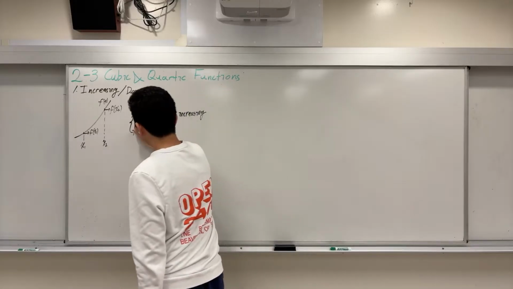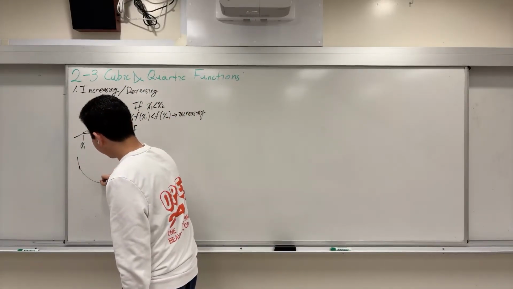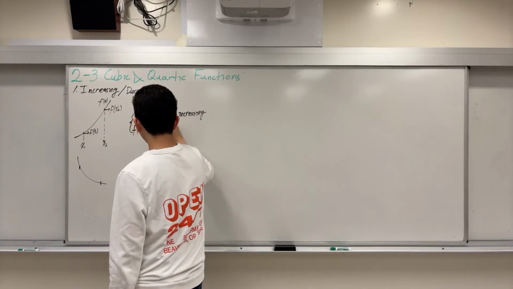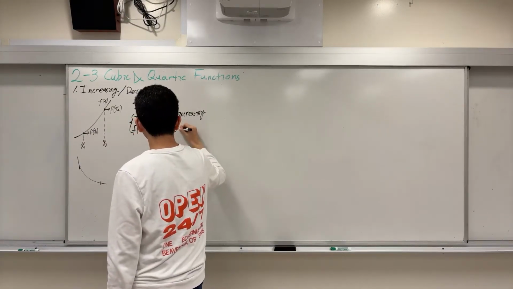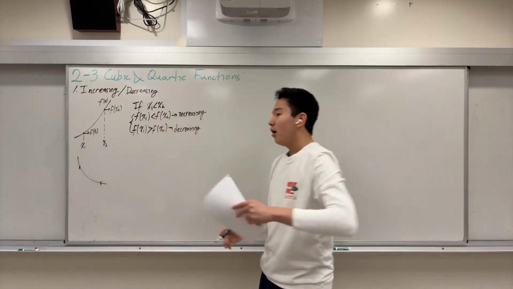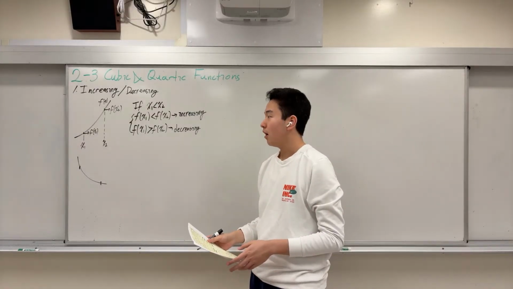And in an opposite scenario, if we take the 2 points here and here, and f of x1 is greater than f of x2, we call that function decreasing. Now, we always call functions increasing or decreasing on an interval.